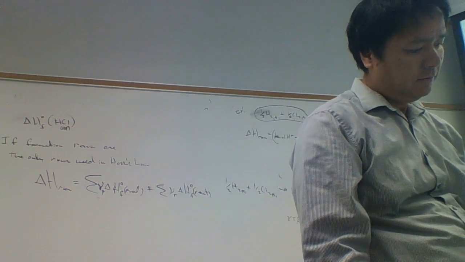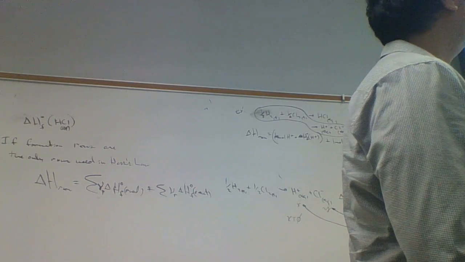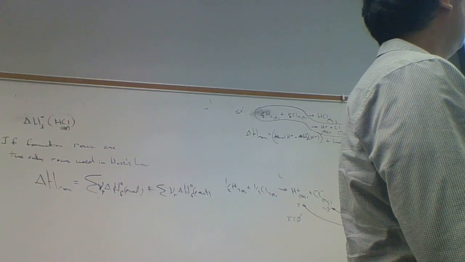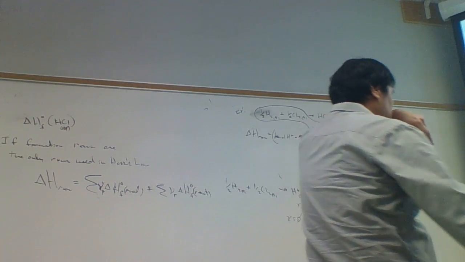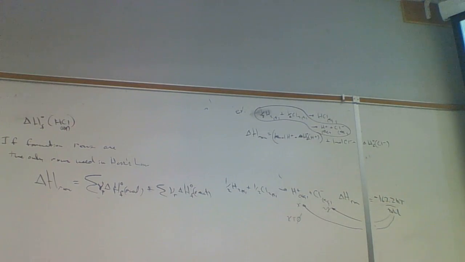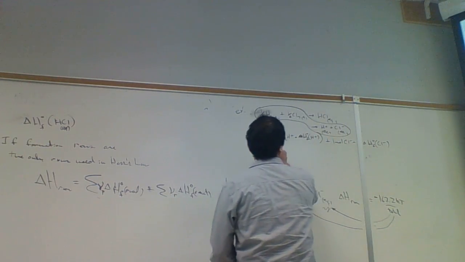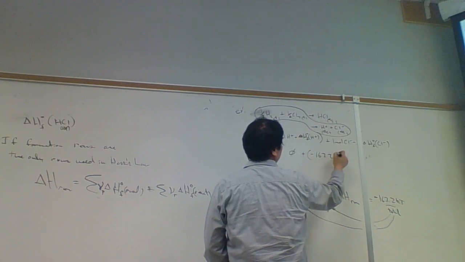So I go to C for chlorine, and then look in the book. Do you see it? Cl minus AQ, delta H of formation is minus 167.2. Okay, so far I have 0 plus a minus 167.2 kilojoules.